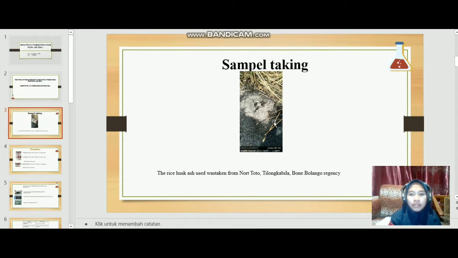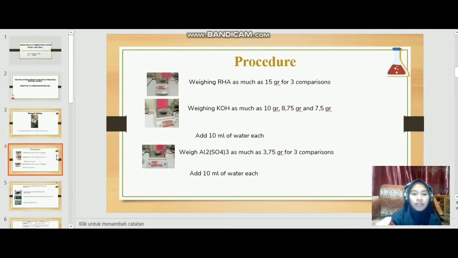Okay, sample checking. The rice husk ash used was taken from North Toto, Tilongkabila, Bone Bolango Regency. Procedure. The first step, weigh RHA as much as 15 gram for 3 comparisons.